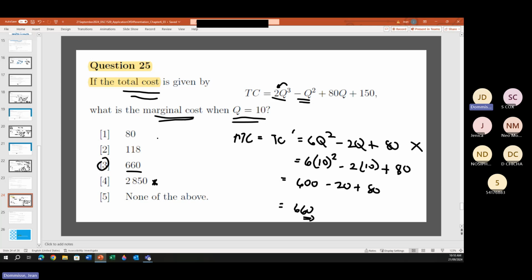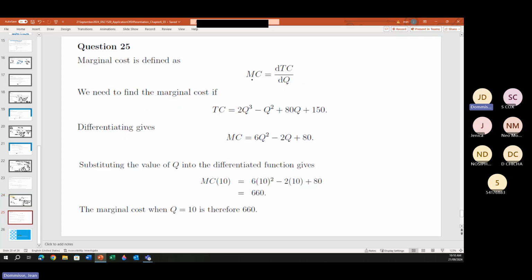Okay, so that nearly shows you guys the context of the application of differentiation. And again, the whole question has been written out for you if you just want to follow it again.